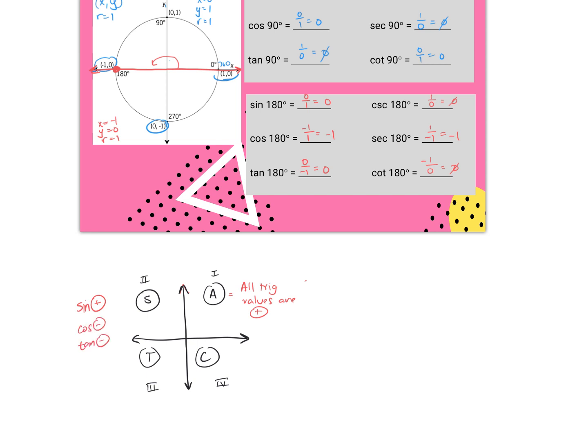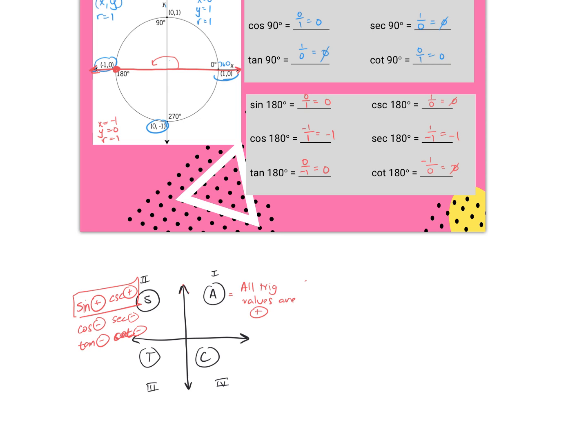And now again, if you think about it, if the sine is positive, it means its reciprocal is also positive. And if the other ones are negative, it means their reciprocals are negative. So again, only sine and its reciprocal, cosecant, are positive in this one.